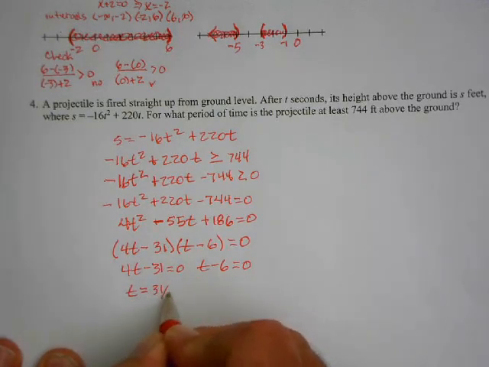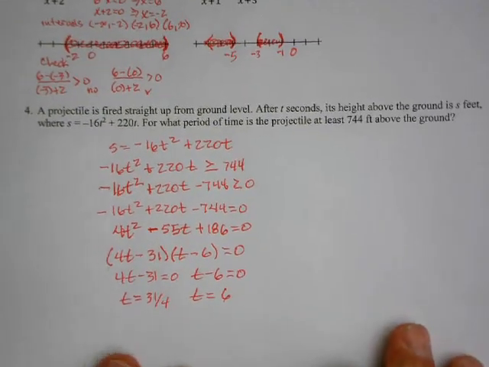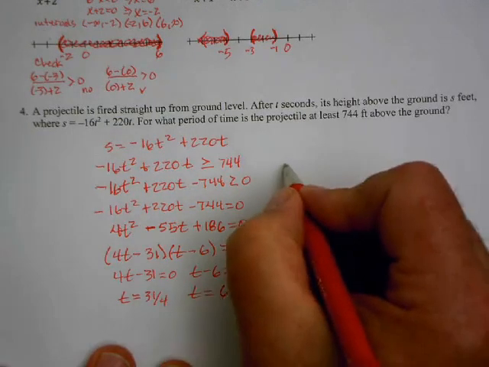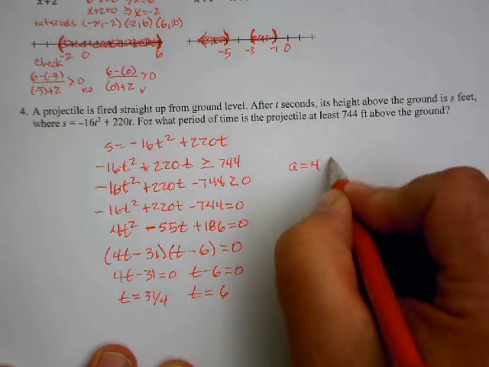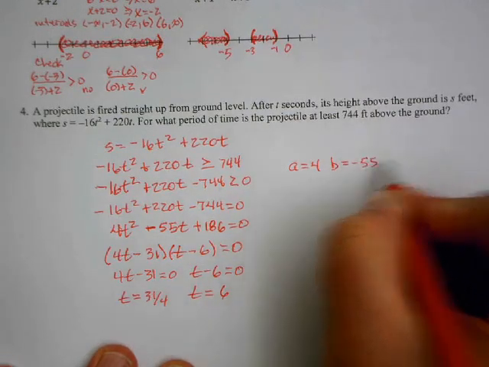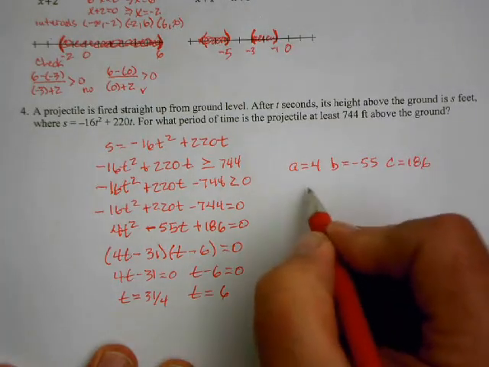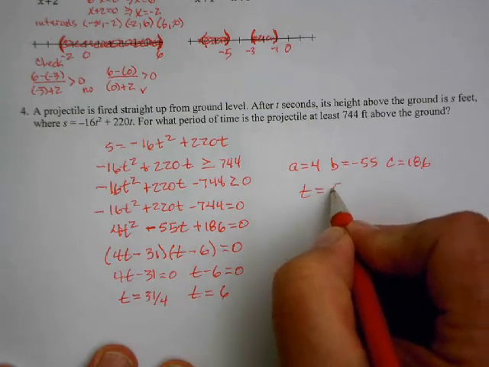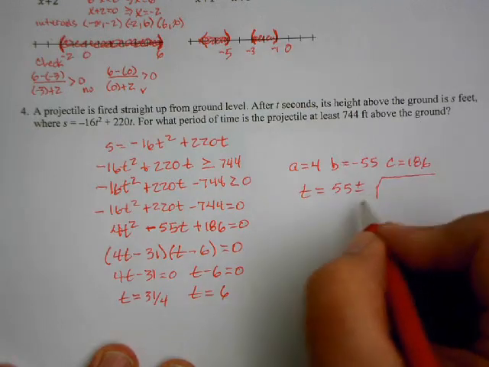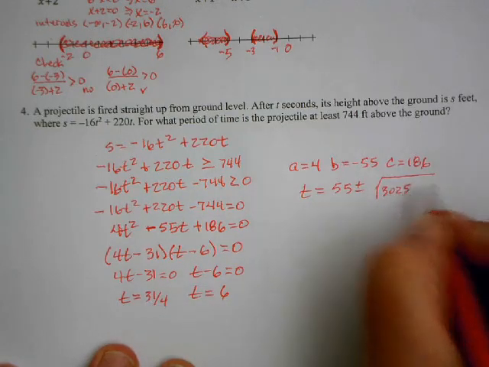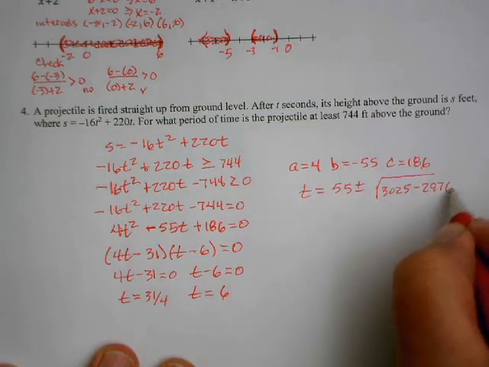Now, by the way, if I'd wanted to do a quadratic, I would have set it up this way. And so then the t would have equaled 55 plus or minus the square root of 3025, which is the 55 squared, minus 2976, which is 4 times the 186, all over 8, 2 times the 4.